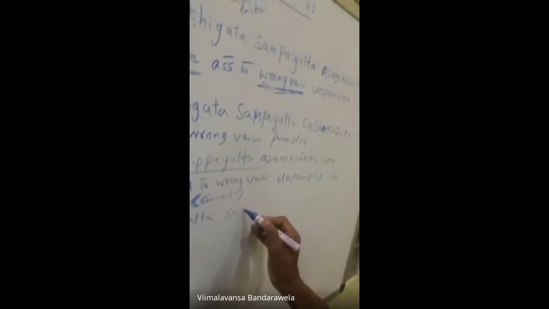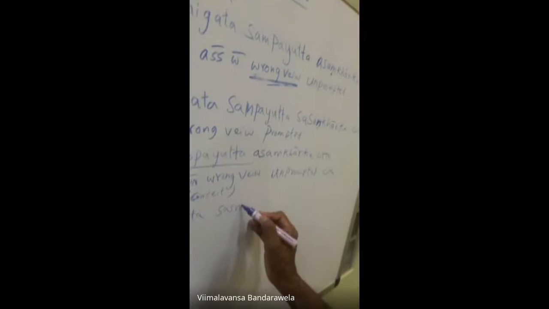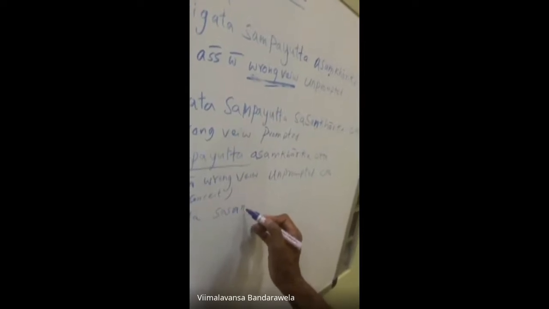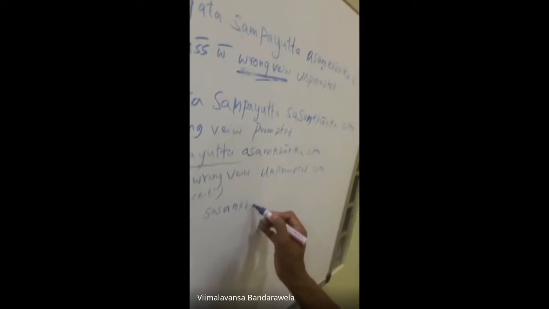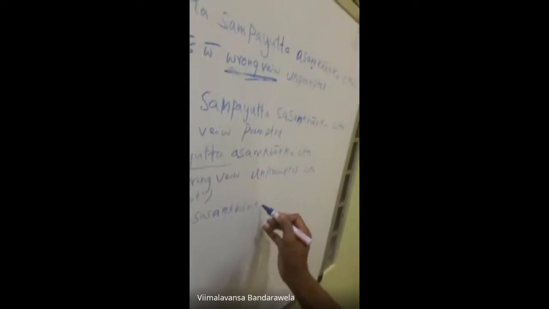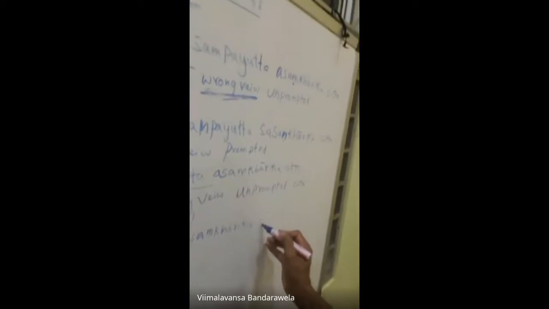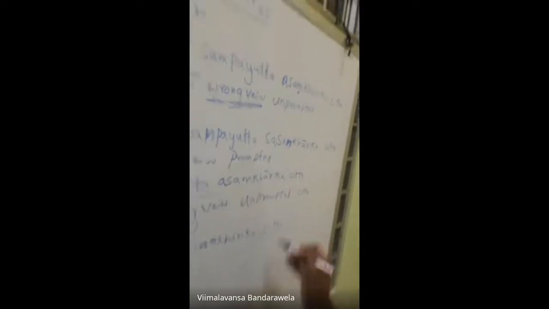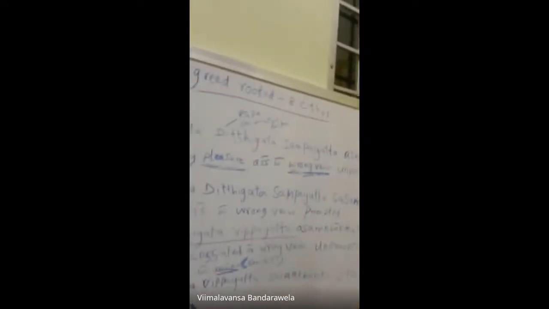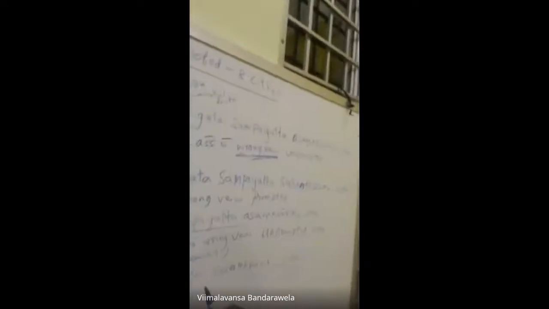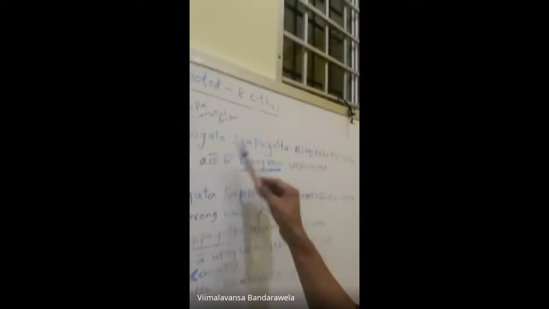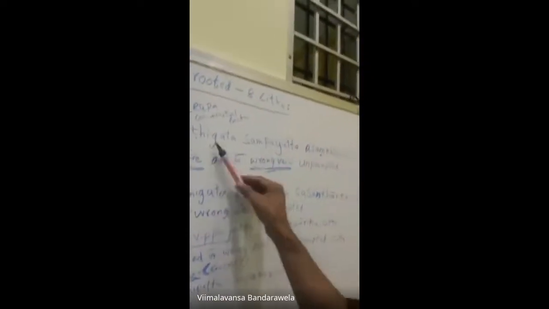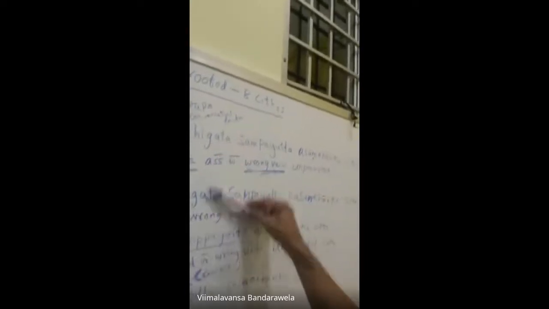Because the first one is sasankarika chitta, and this is sasankarika chitta. For example, how do we differentiate these? Ditthigata sampayukta, the first two consciousnesses, are ditthigata sampayukta.